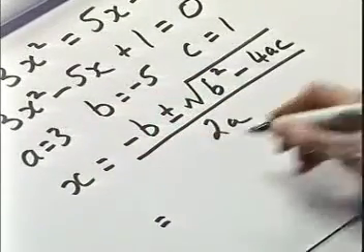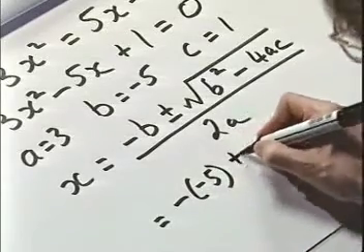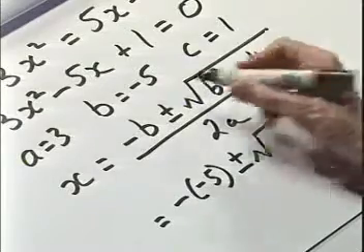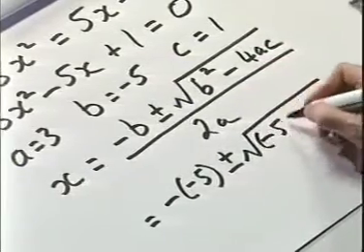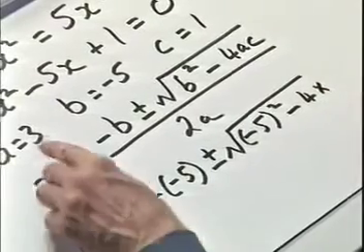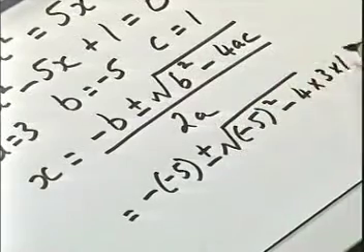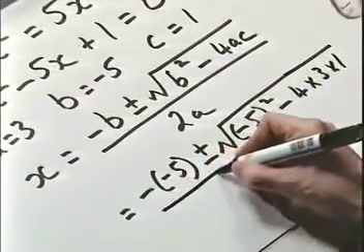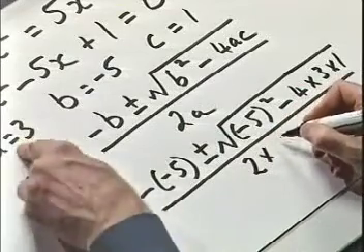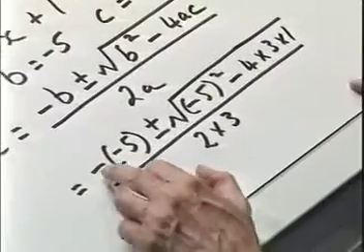And make the substitution. b is -5. We want minus b, so this is -5 plus or minus the square root of b squared, so that's -5 all squared, minus 4 times a, which is 3, times c, which is 1. And that's all over 2a, 2 times a, which is 3. Now, we'll simplify this.